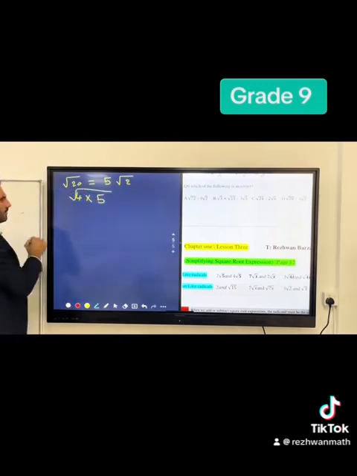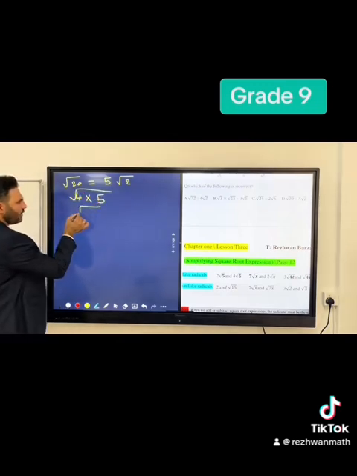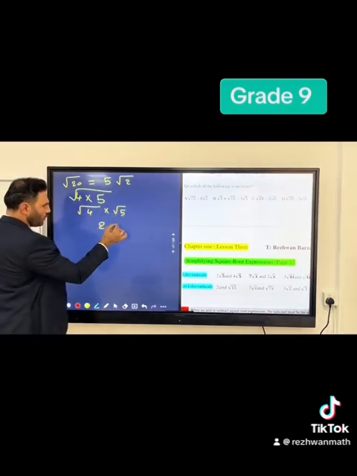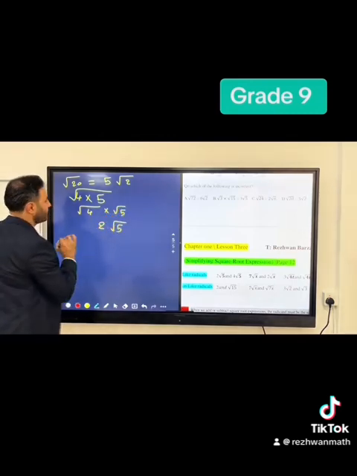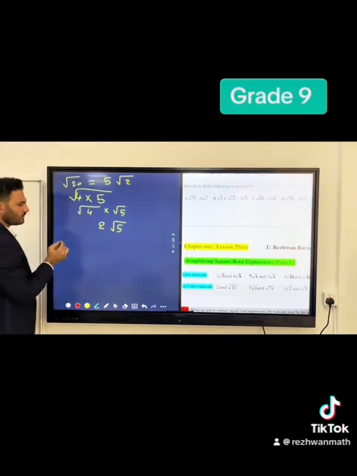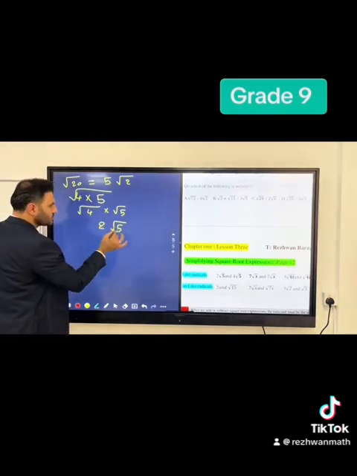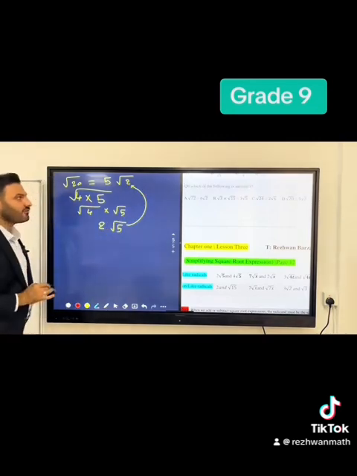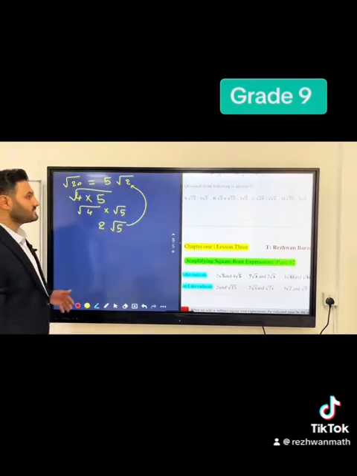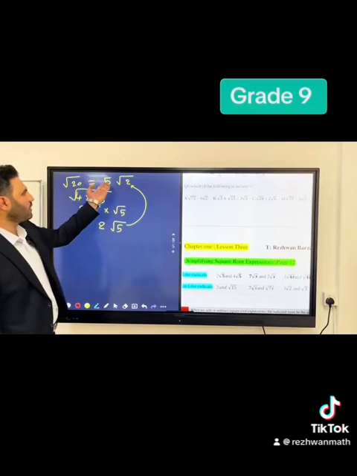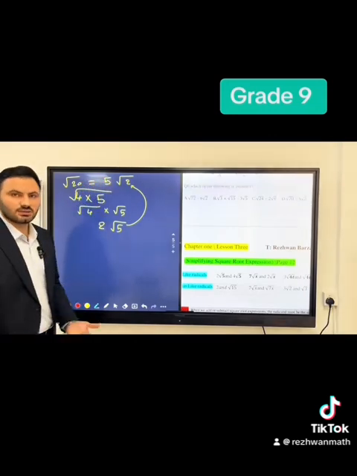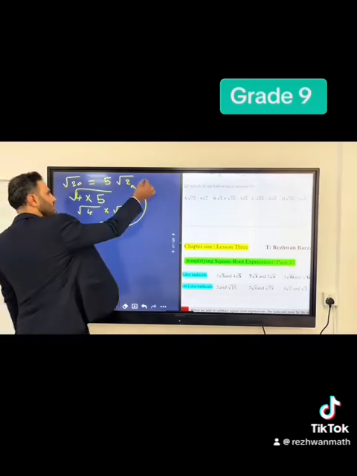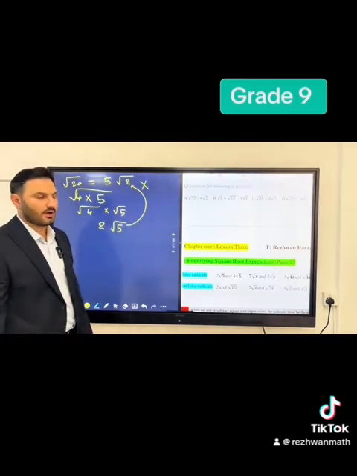Now the square root 4 times square root 5, we get 2 square root 5. Now the simplest form of square root of 20 is 2 square root 5. But look, we have 5 square root 2. It says the square root 20 equals 5 square root 2, but it's not correct. Why? Because we have 2 square root 5. So D is incorrect. Okay?